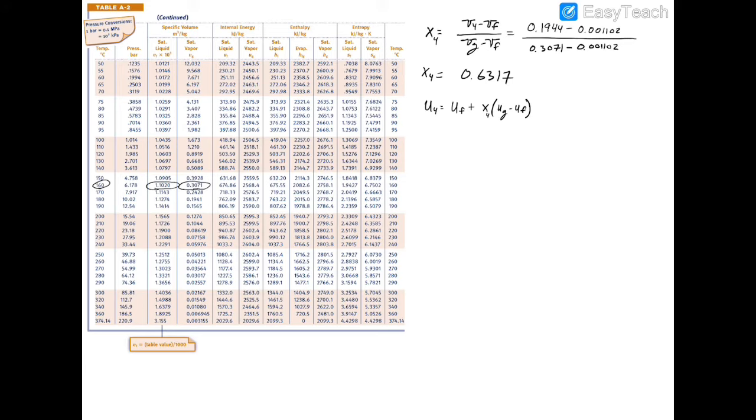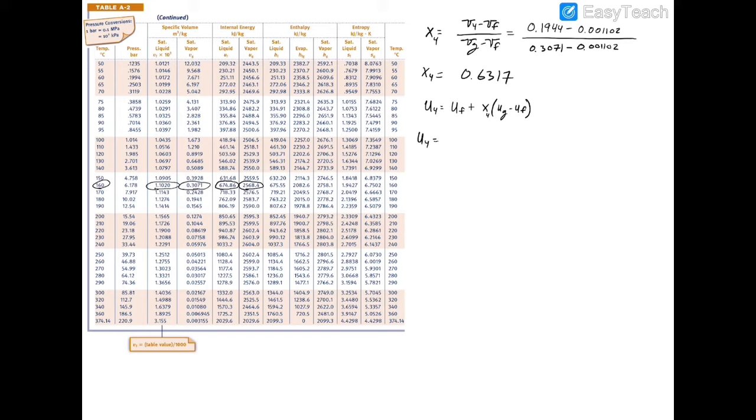So now we can use this quality to find the specific internal energy at 4. To find it, we're going to use this formula that has the specific internal energy at 4 equal to the specific internal energy of a saturated liquid plus the quality times the difference of the specific internal energy of a saturated vapor minus saturated liquid. To find uf and ug, we're going to look at these two numbers right over here. That's your uf, and here is your ug.